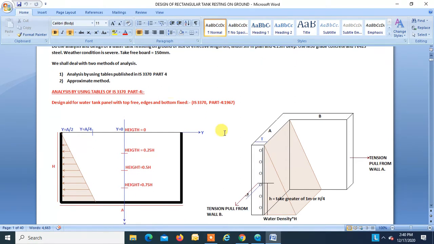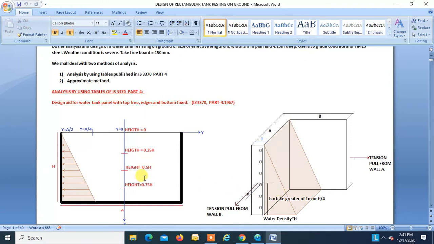In IS 3370, the moment coefficients for a rectangular water tank wall which is hinged at bottom are given. But our wall is monolithic with the ground slab, so there will be some rigidity at the bottom.